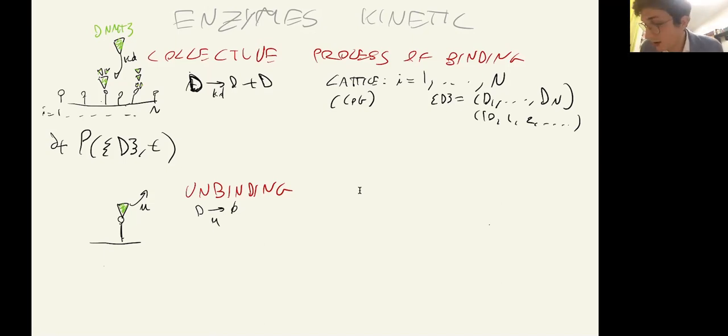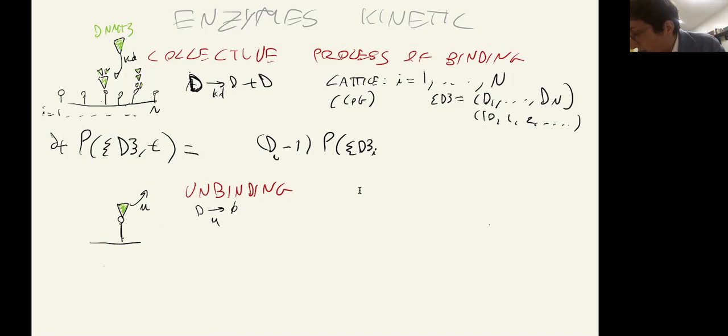Well, the time derivative of P of D at time t is equal to, if we look just at one single site, and when you write the master equation, just think about how do I get there? You get there if you had at one position D minus 1, and then you bind 1, and so you get to D. So you get D minus 1 times P.